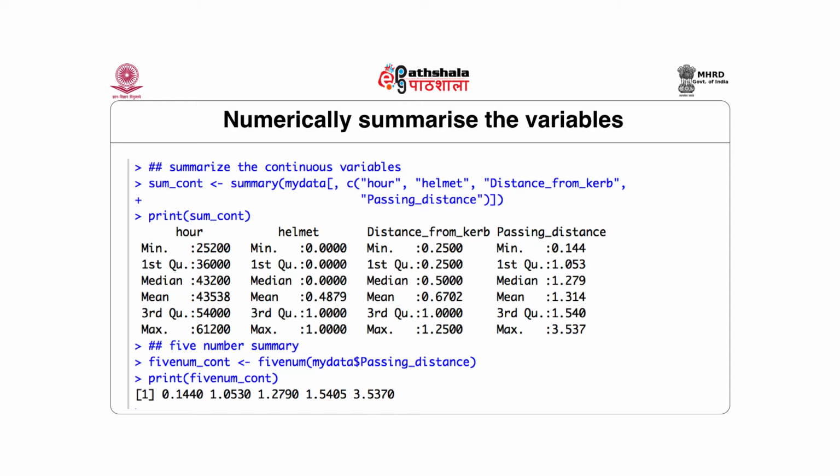For example, let us say you are interested to find out the summary statistics of the continuous variable, the passing distance. So you could subset passing distance from the data set called my data. So you put my data, then put a dollar sign, and then next to the dollar sign you write passing distance. So passing distance will be extracted from the data frame my data, and then you can extract summary statistics for that.